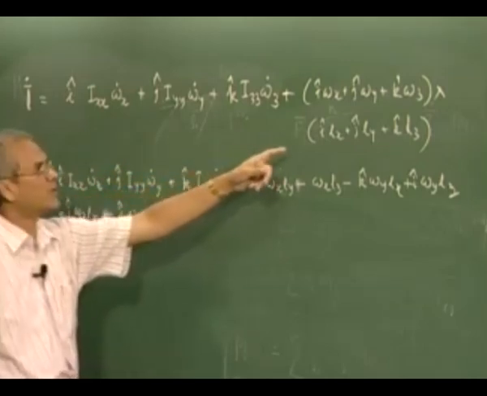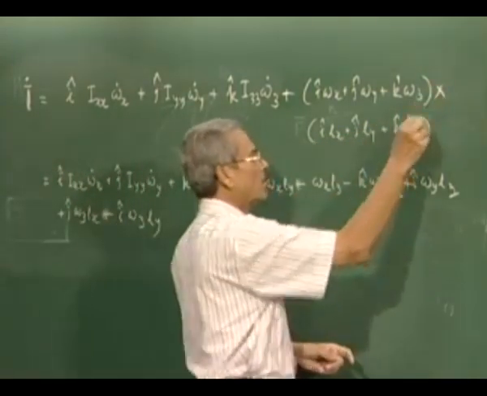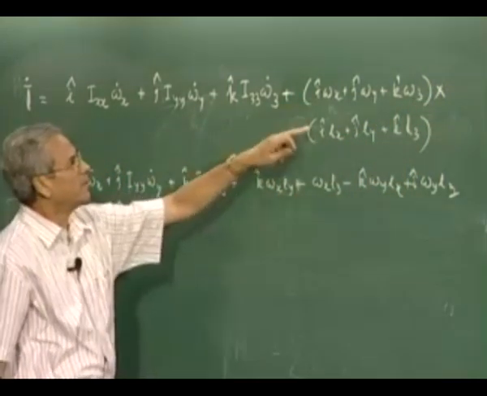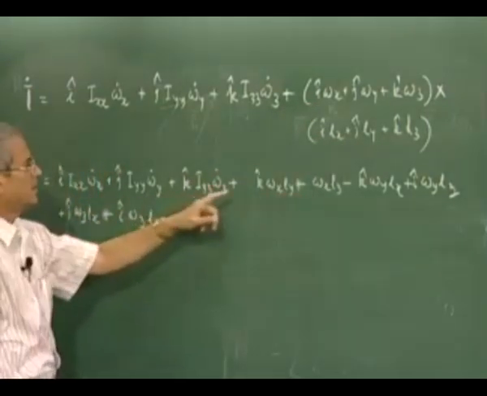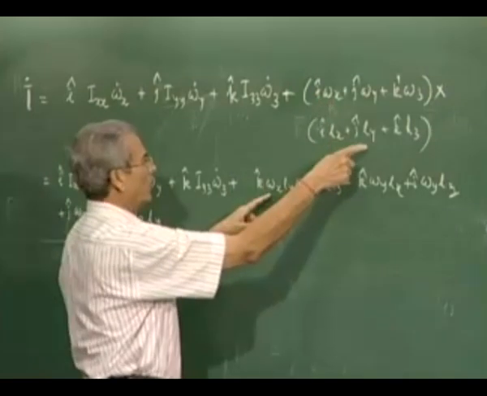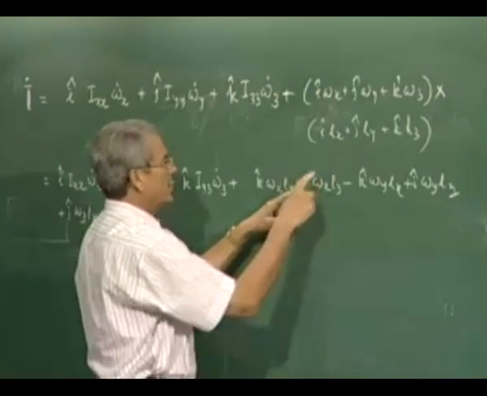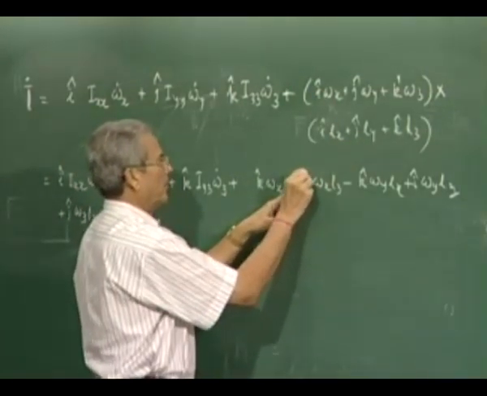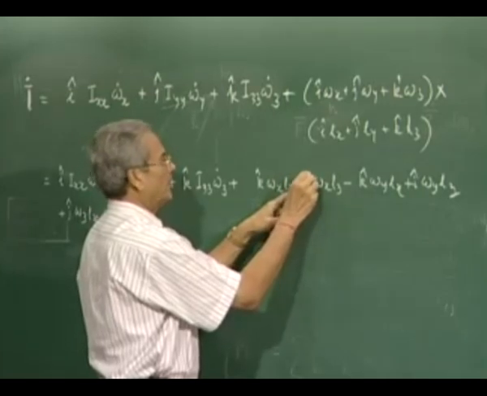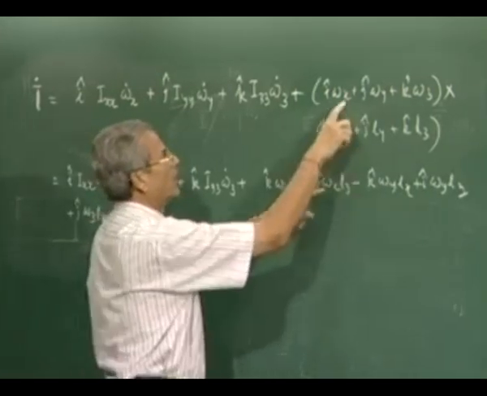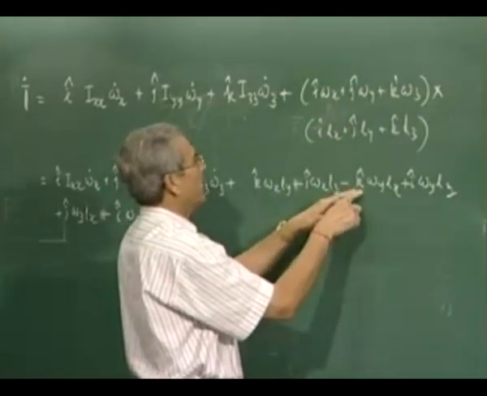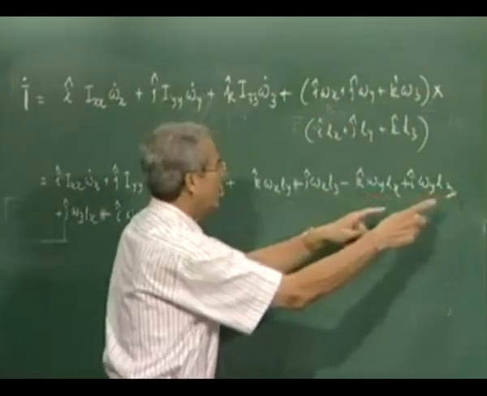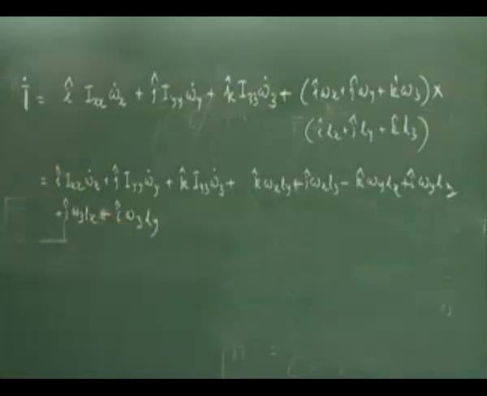So when you do this cross multiplication, this cross product, then i cross i is 0, i cross j is k omega x Ly, i cross k is minus j omega x Lz, j cross i is minus k omega y Lx, and so this is the complete result.